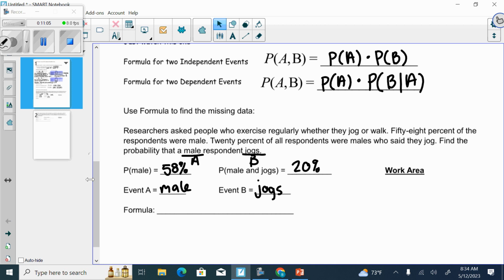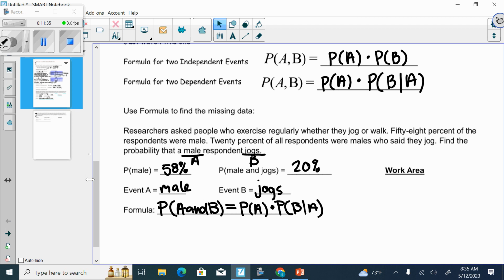Okay? So our formula, we know for the two events, so the probability of event A and event B is the formula that we've just been using on the previous problems up above for some dependent events: the probability of A times the probability of some event B given A. So I'm just going to substitute in what I know and solve for what I don't know.